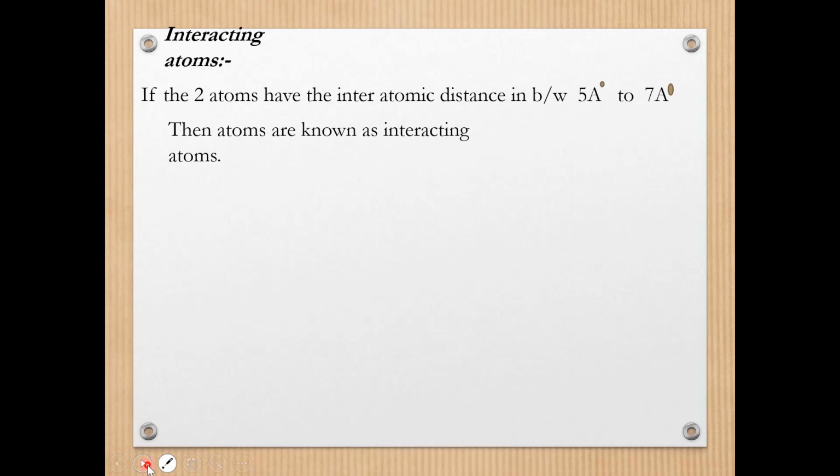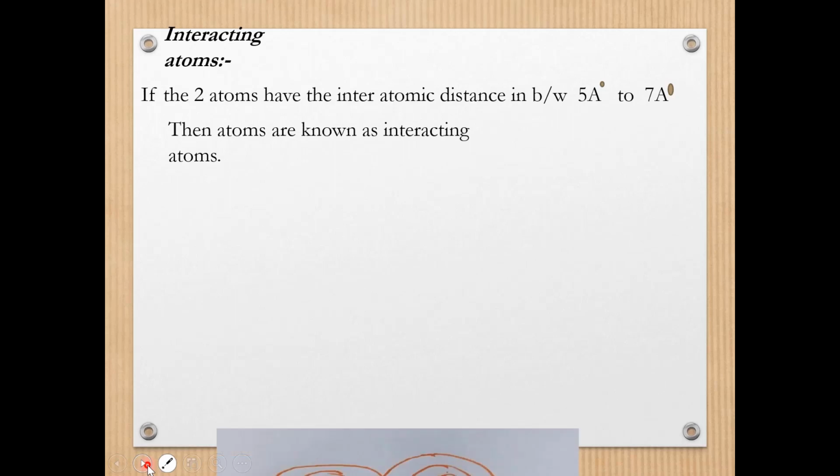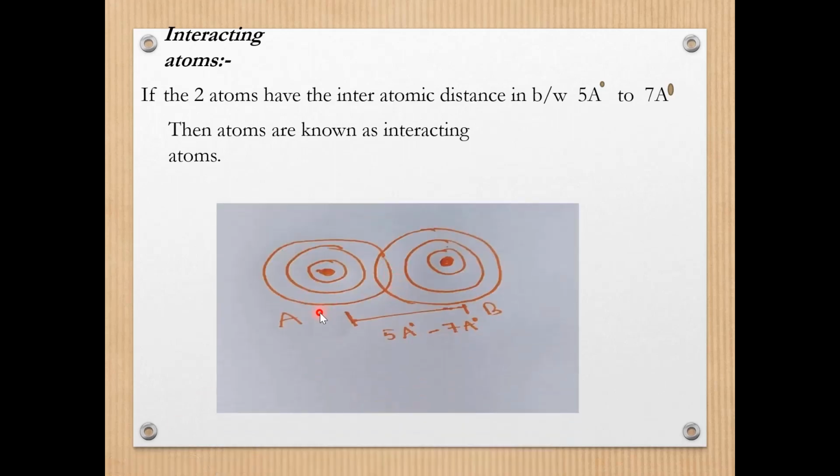Interacting atoms: if the two atoms have an interatomic distance of 5 to 7 angstroms, then the atoms are known as interacting atoms. You can visualize this. Atom A and atom B come closer to each other, and the distance between the nuclei is in the range of 5 to 7 angstroms.